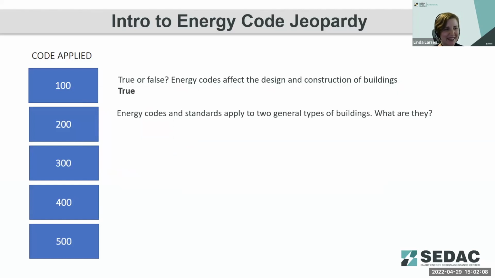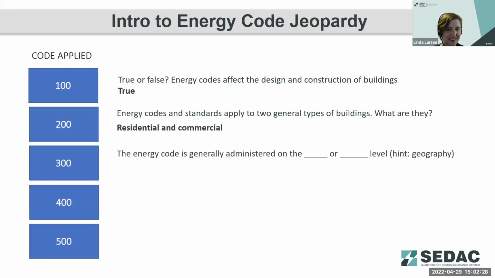Getting some good answers here. Energy codes and standards apply to two general types of buildings. What are they? Just put your answer in the chat. Okay, yeah, we've got commercial, residential. You guys are experts. All right, next one.